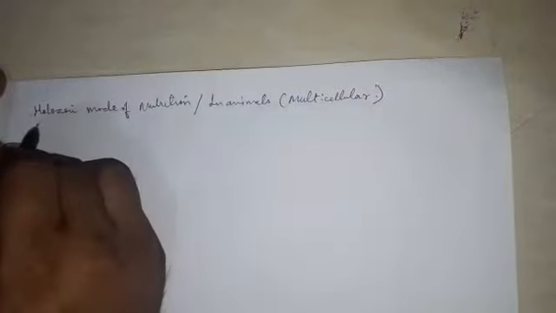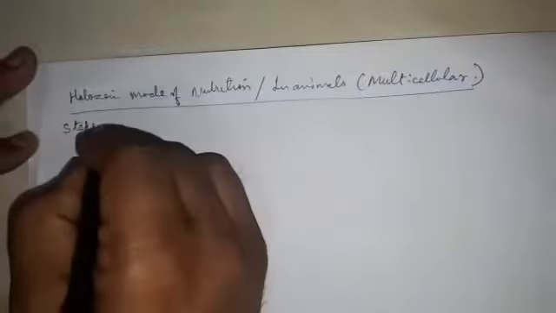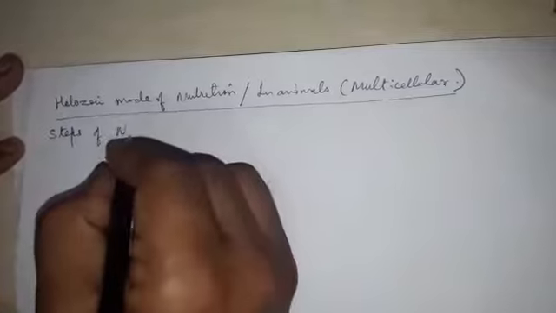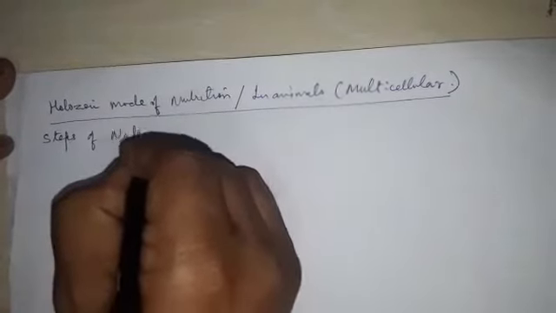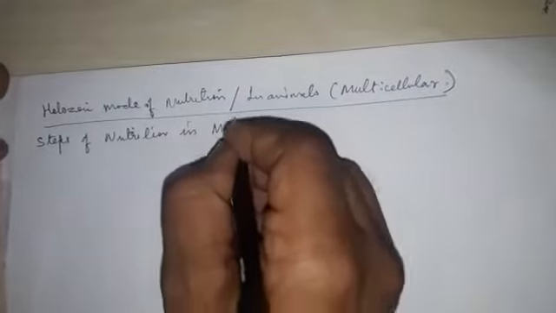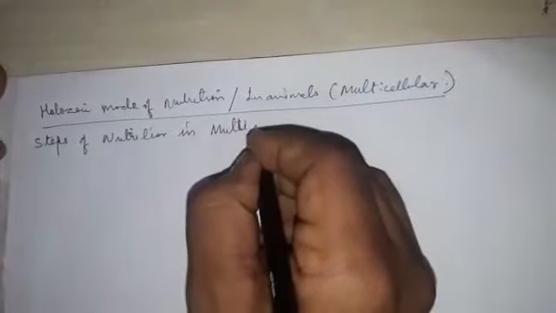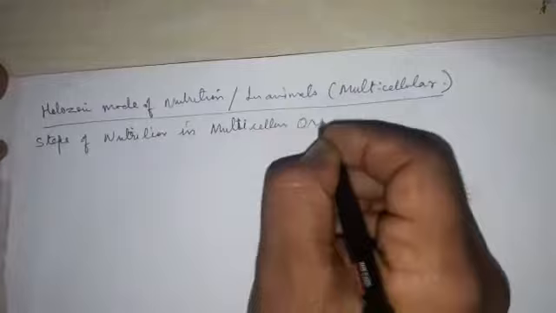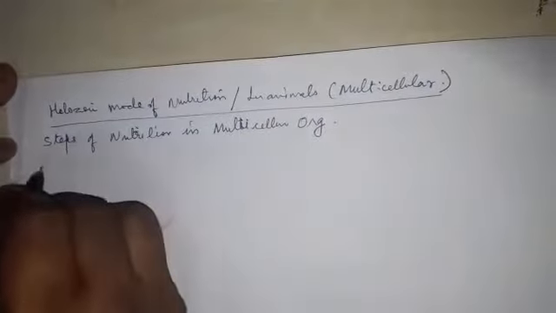Okay. The holozoic nutrition has different steps. So there are different steps of nutrition in multicellular organisms. Okay, there are 5 steps.